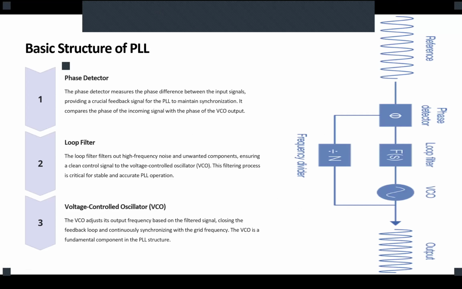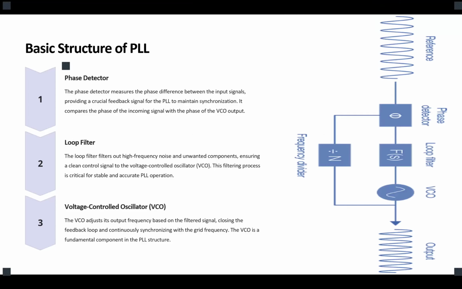Now, we said we have three components: phase detector, loop filter, and the VCO. The phase detector's job is to detect the frequency. There are several methods. If you want to do the PLL in your simulation or apply it in our course, we are going to choose the simplest way.